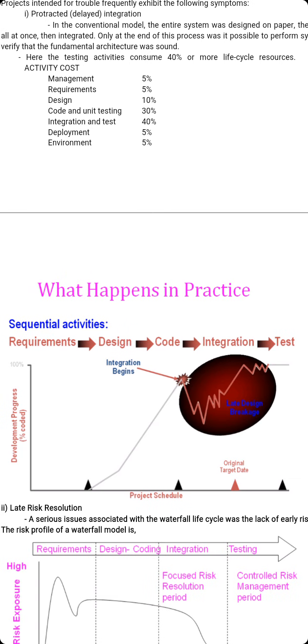Next one, commitment to code late in the life cycle. You have to be committed to the code. Next, integration nightmares due to unforeseen implementation issues and interface ambiguities. You have to see the implementation, and some confusions arise when you do this process.